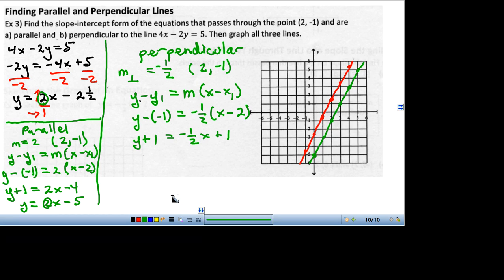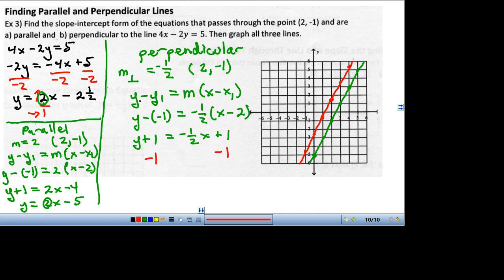And now, subtract 1 from both sides. Tell you what, there's no need to skip that step. I was going to, but nope, I'm changing my mind. Negative 1, negative 1.